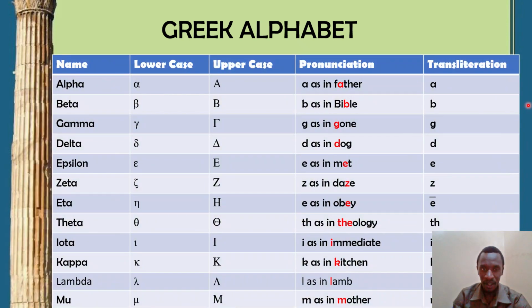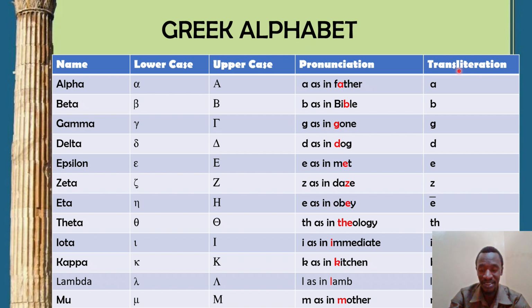Looking here, the first column is the name of the letter, the second is the lowercase, the third is the uppercase, or capital letter, the next column is the pronunciation, and the last one is the transliteration.